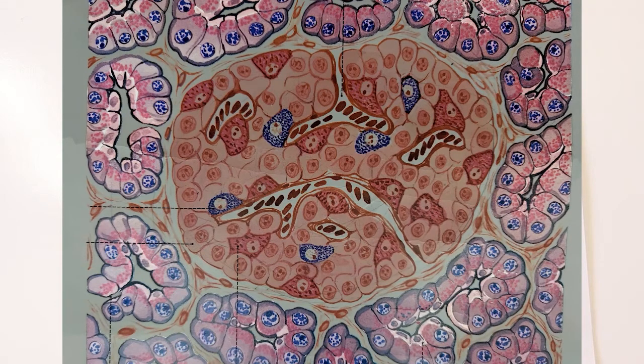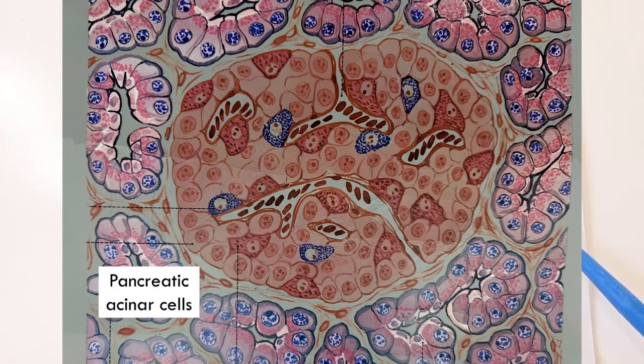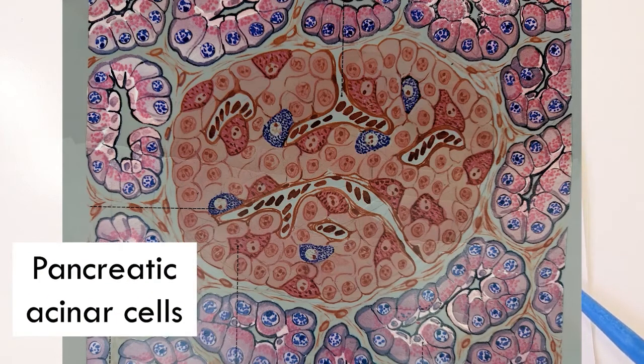They are not producing hormones. They are not considered endocrine glands. And these are producing the digestive enzymes that are associated with the pancreas. And those are composed of the acinar cells, or sometimes they're referred to as the pancreatic acini.